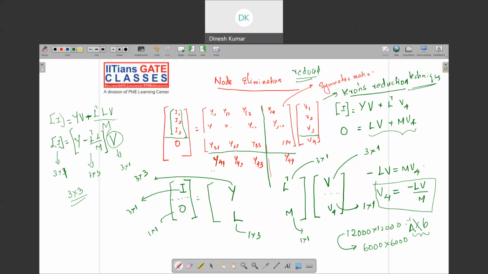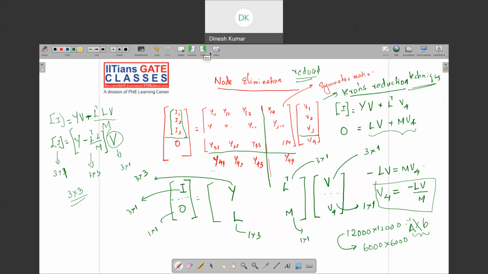We'll be finding those voltages of the buses which are having a current source only. For the other ones we will be doing some back substitution, and that will be computationally much easier than finding the entire A inverse into B. So even if you take A inverse into B here, you will get the same equation. There will not be any problem with that. Okay. I hope you understand the thing.